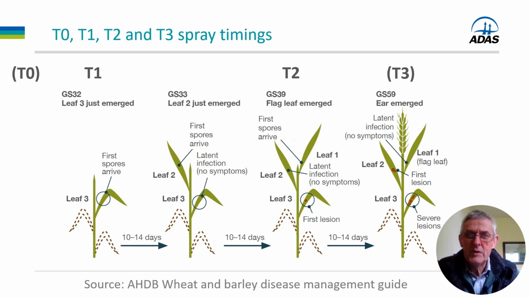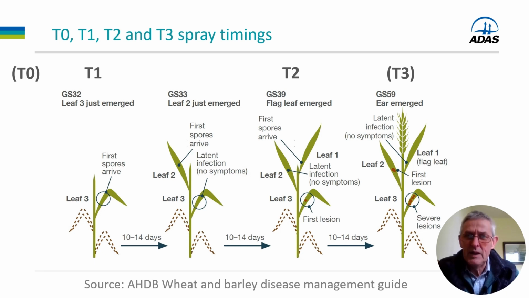The T2 application is applied just as the flag leaf has fully emerged at growth stage 39, and again it's providing protection of the flag leaf, which is very important for light interception, as we saw previously, against the first spores arriving on that leaf. And it's also providing control of latent infections that are as yet symptomless on leaf 2, which may have become infected up to about 10 or 14 days previously.